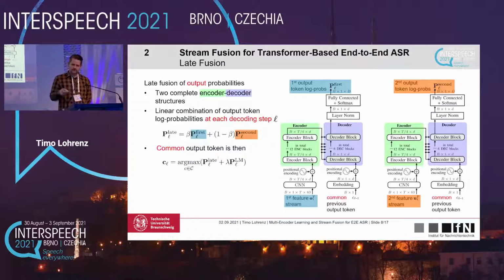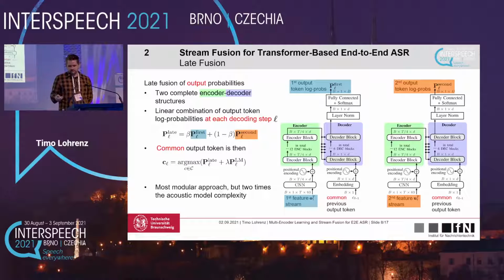And what's then important, the output of these combined probabilities, there can be an additional language model included by shallow fusion. And then we get the output token, which is then also fed into both of the decoders for the next decoding step. So they have a common output token, which means that the fusion is actually in the decoding process. So it's not like we have two completely separate decoding processes and then do the combination afterwards.